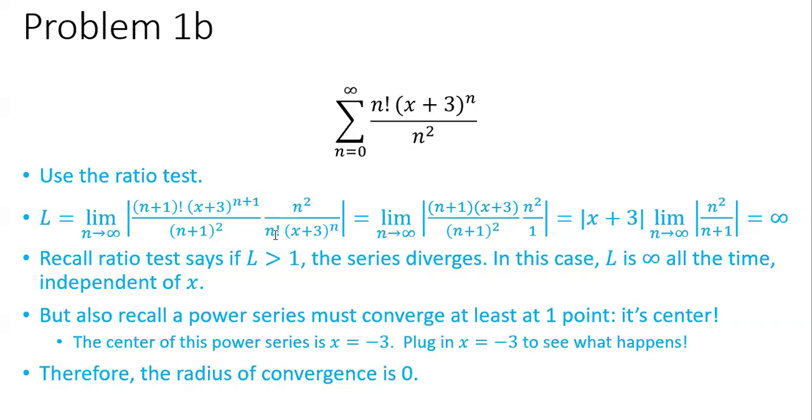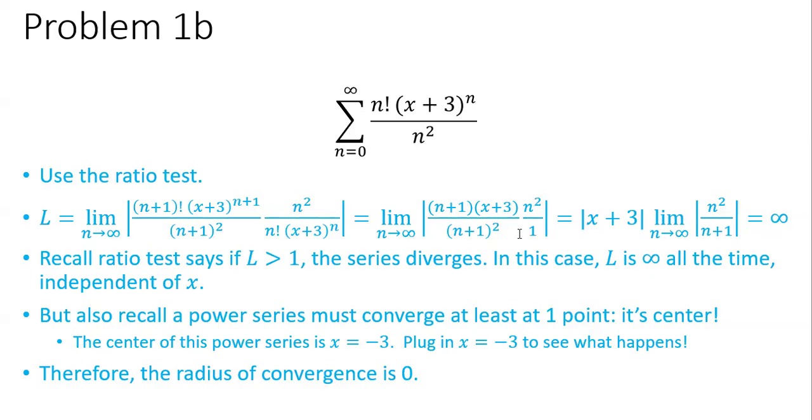I'll go through the algebra again. (n plus 1) factorial is (n plus 1) times n factorial, so that n factorial and this n factorial down here cancel. Then (x plus 3)^(n plus 1) divided by (x plus 3)^n. We can use properties of exponents, subtract the powers, so we're left with x plus 3 to the first power.